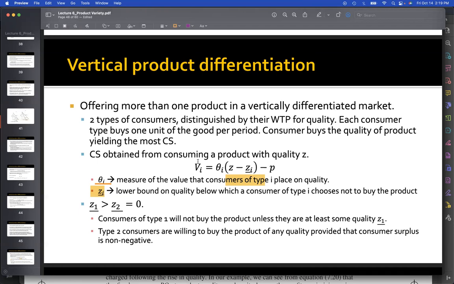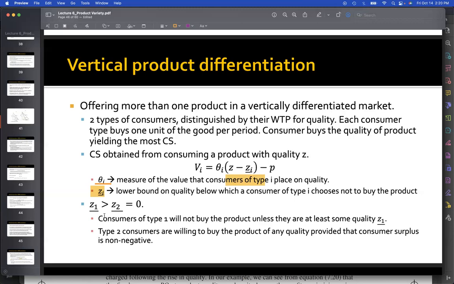Okay. So you would rather not consume anything, because if something gives you a negative utility, then you would just say no thanks. Okay. Next is Z sub 1 is greater than Z sub 2 under bar. So the lower bound for type 1 is greater than the lower bound for type 2, and the lower bound for type 2 is exactly 0.